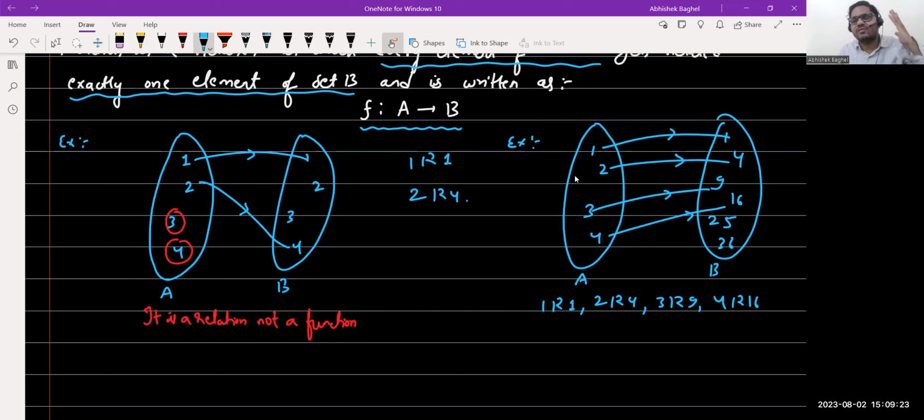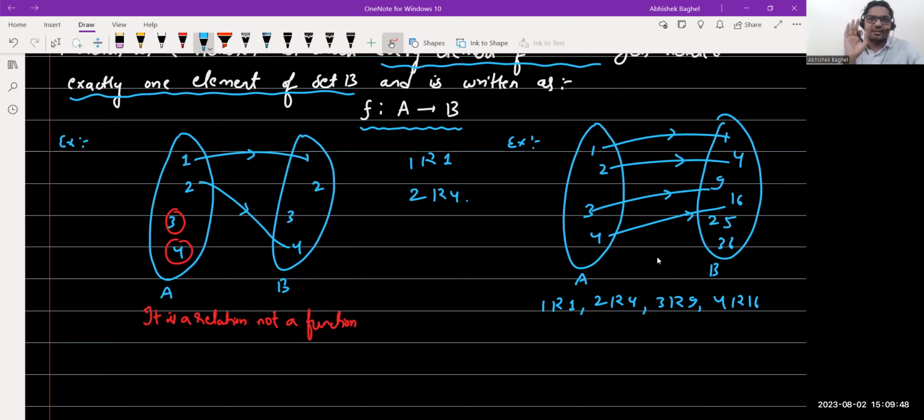So all elements of set A get related. So the first condition is fulfilled. The second condition, they must be related to exactly one element, not more than one element of set B. So 1 related with 1 only, 2 related with 4 only, 3 related with 9, and 4 related with 16. Every element gets related, and they are related to exactly one element of set B.